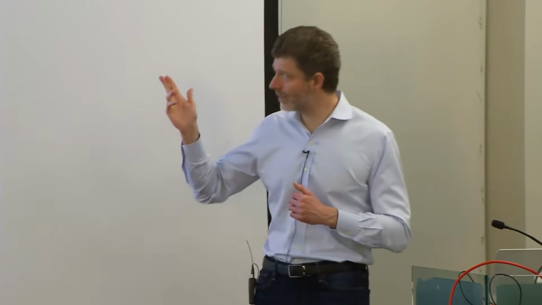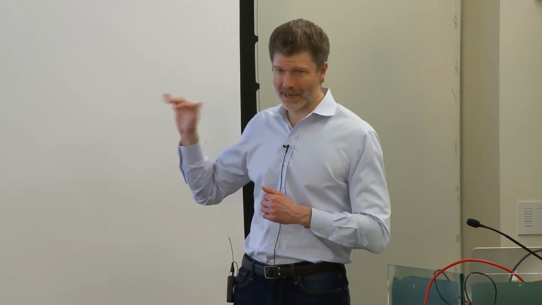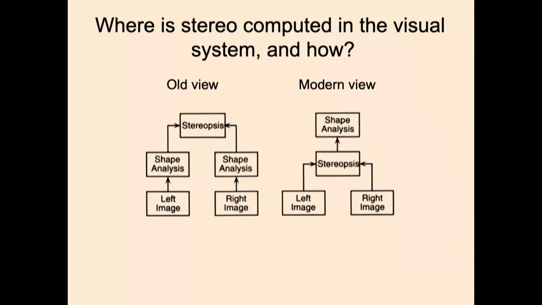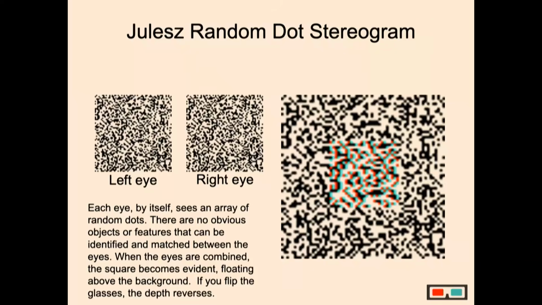The modern view is the opposite of this, where we now think that stereopsis happens earlier, probably prior to what you might normally think of as shape analysis. The key demonstration that caused this shift was the random dot stereogram, invented by Bela Julesz, a perceptual scientist working at Bell Labs.